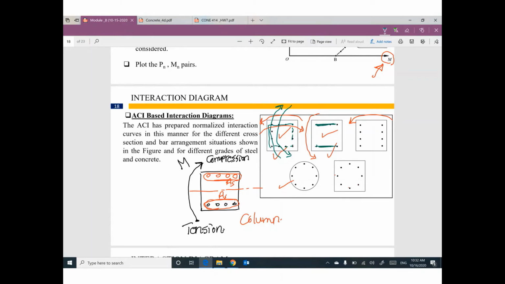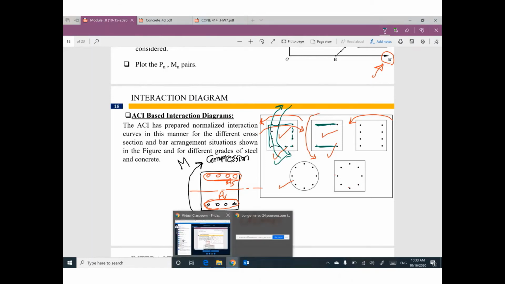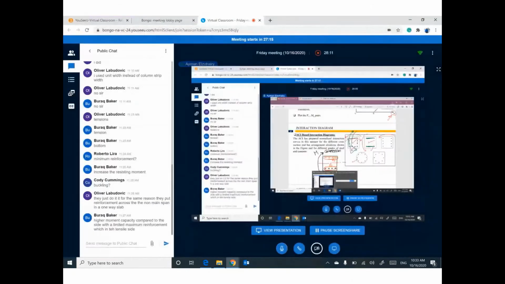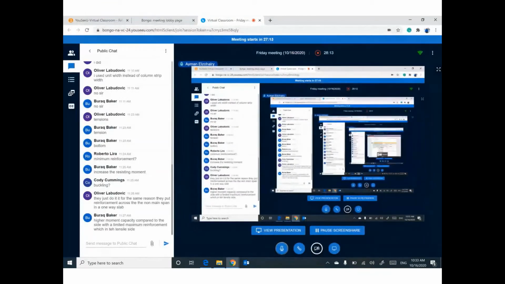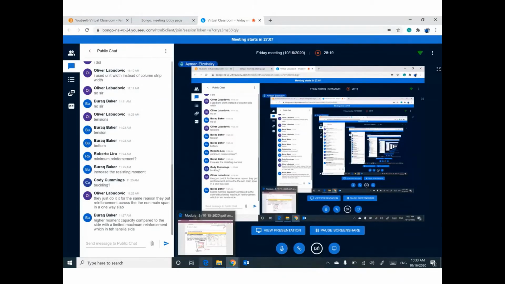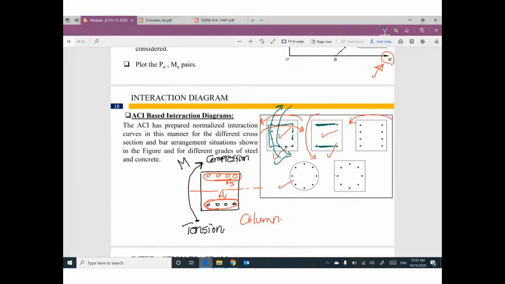But wind and earthquake are everywhere, also snow load, rainfall, all of this stuff. So because I cannot figure out the actual direction of the moment, we need to make a uniform distribution. Anyway, it's not a big deal for our course.